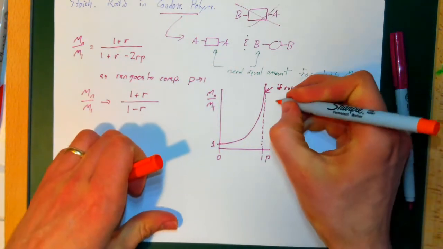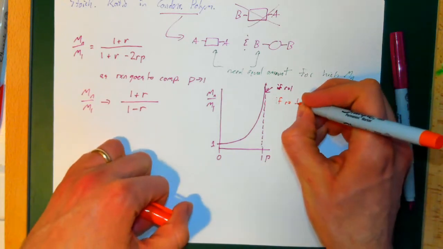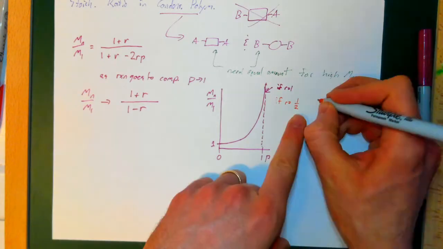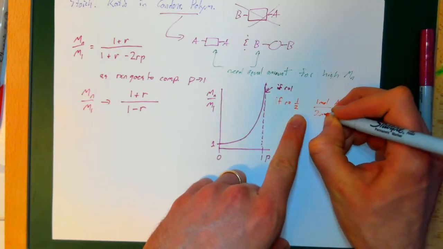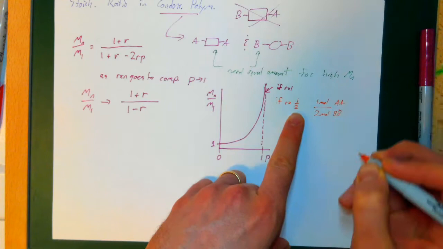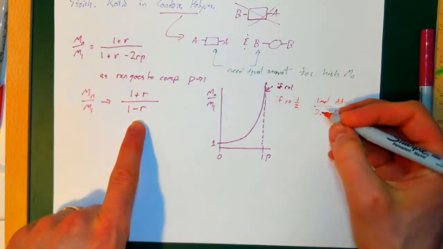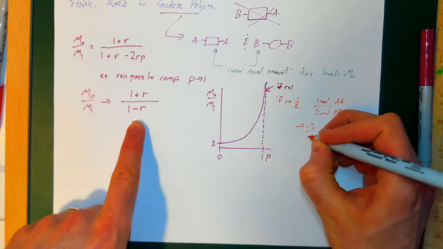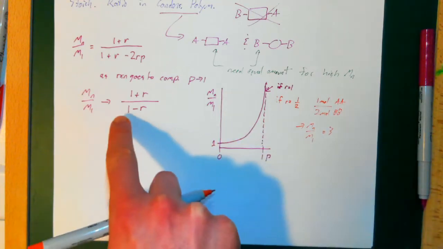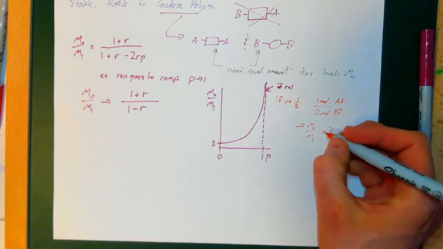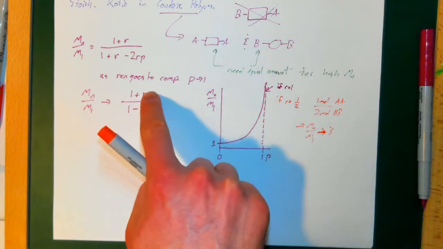But if r equals, for example, 1/2, which would mean 1 mole of your AA type for every 2 moles of your BB type, and you sub in r equals 1/2, then M sub n over M sub 1 ends up being just 3, even if we let p go all the way to 1.